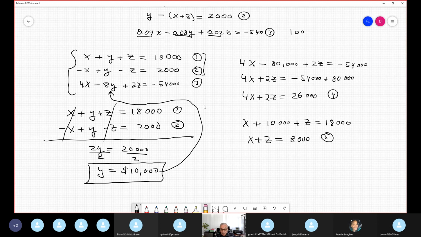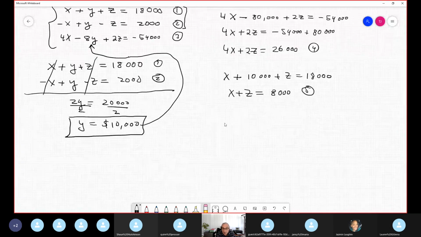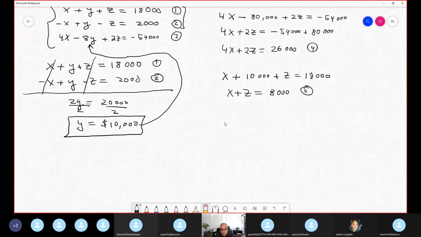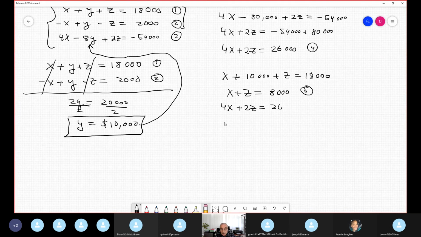And this is my equation 5. And you put 4 and 5 together. I want to copy now. 5 stays here. 4x plus 2z equals 26,000, equation 4.